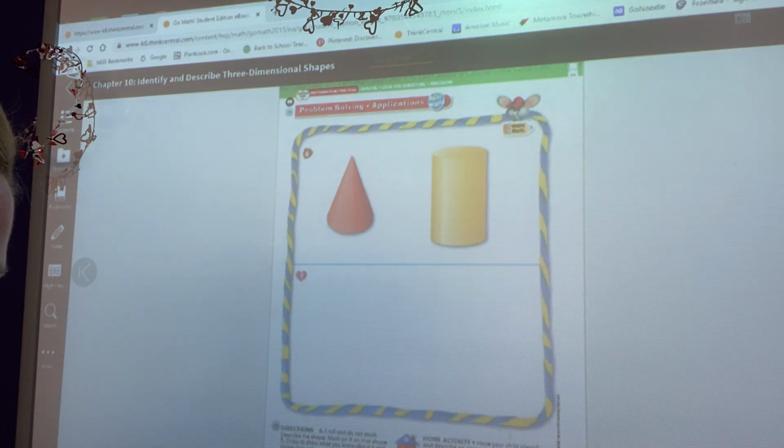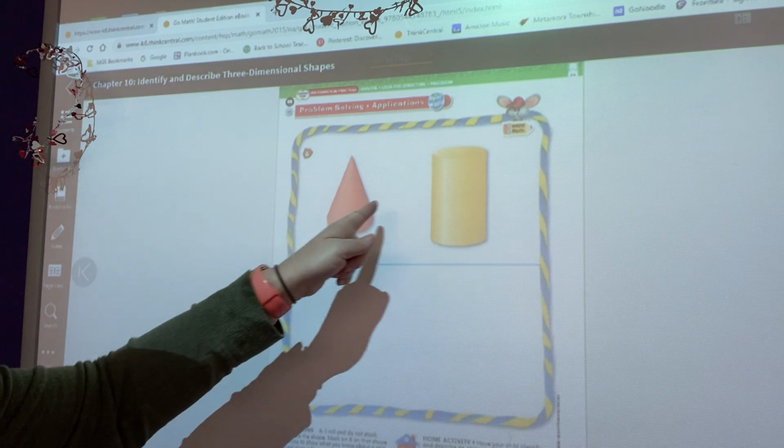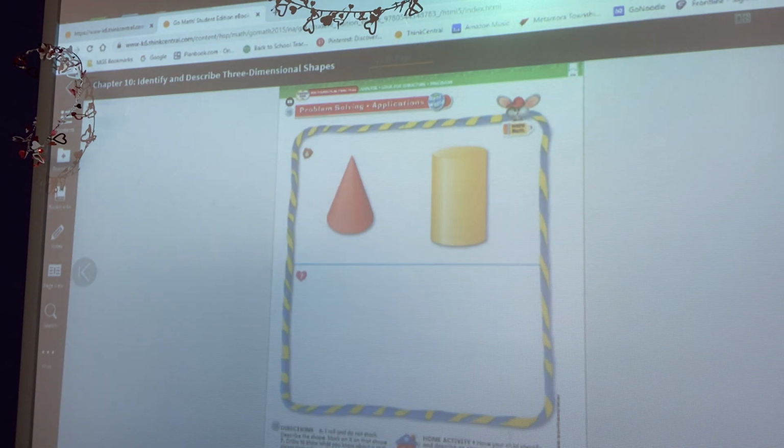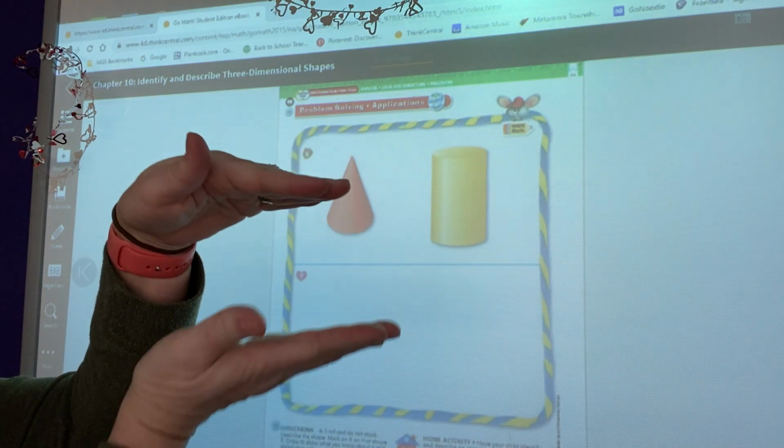So if we're to look at both of those, I want to give you a riddle. I'm thinking of a shape and I roll and I do not stack. Well, both of these can roll because they both have curved surfaces, and I do not stack. So let's think about that. Stacking would mean on top of each other.